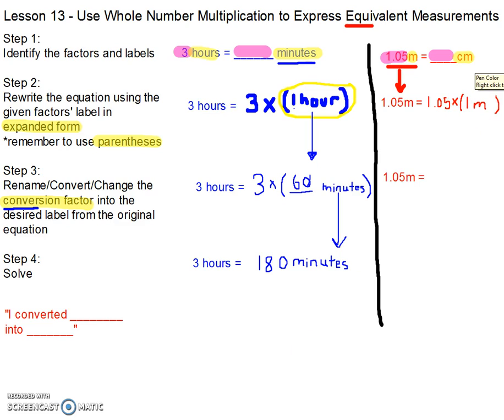Now I would like to rename, convert, or change the conversion factor into the desired label from the original equation. Here, our conversion factor is 1 meter, and we're going to change that to centimeters from the original problem. So I have my 1 5/100 of a meter here. I keep my value the same, but in my parentheses, I'm going to be changing that meters to centimeters.